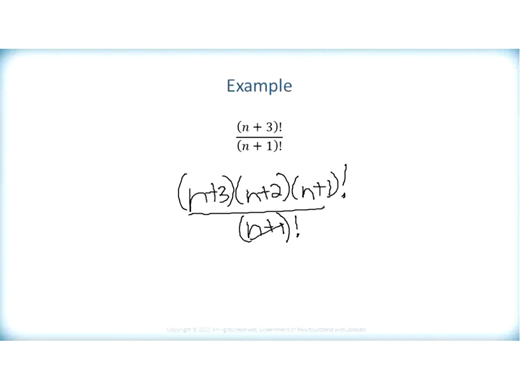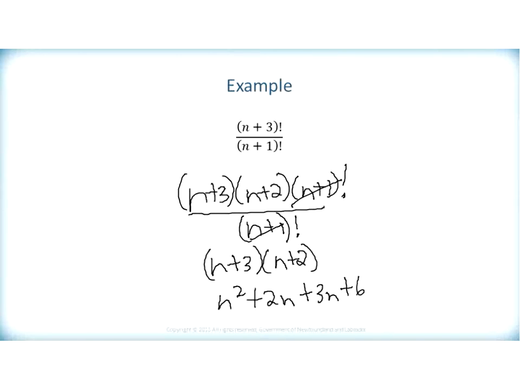You see, we could cancel these out. We're left with n plus 3 times n plus 2. When we use a method of multiplying binomials, we get n squared plus 2n plus 3n plus 6, which is n squared plus 5n plus 6.